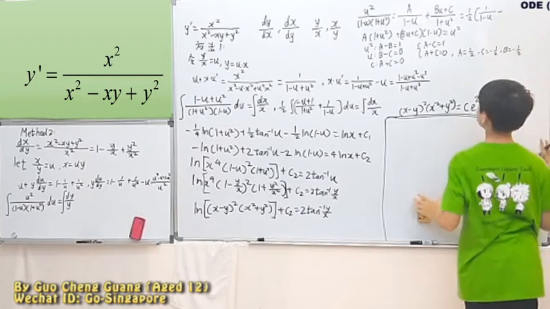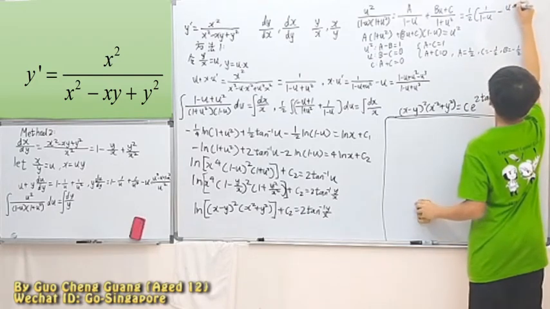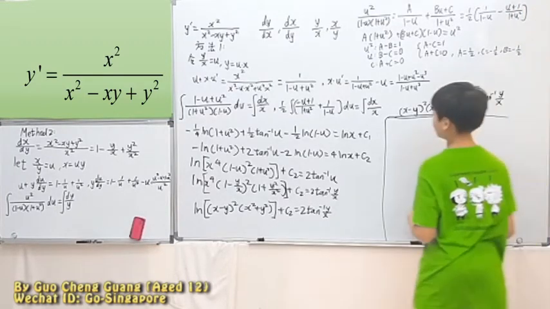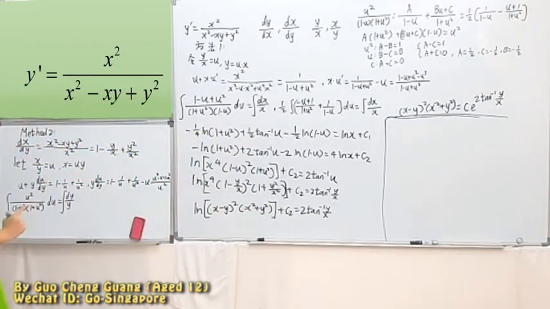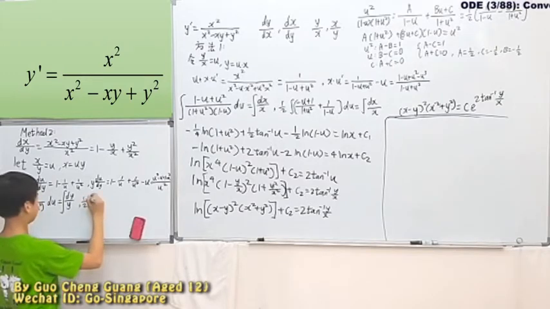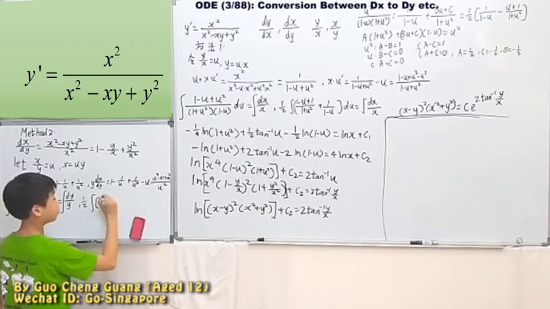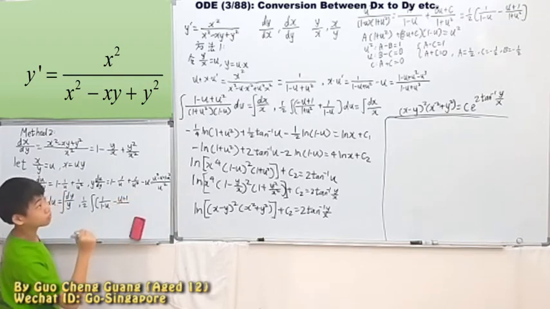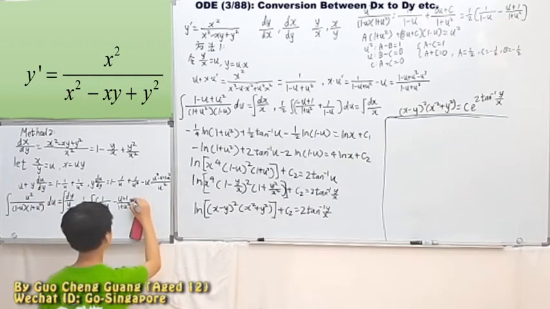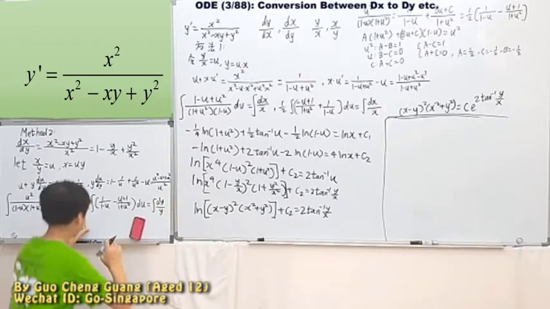So that means you can just put it as minus this whole thing. Okay, then you get this part.